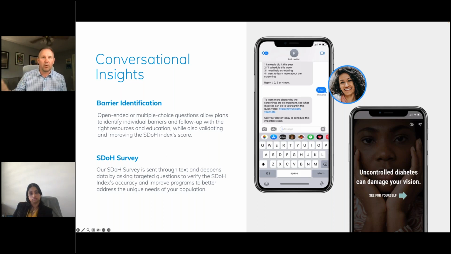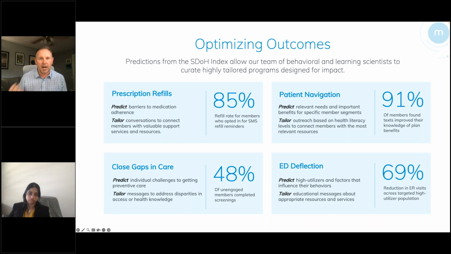So using that information and knowing how we use SDOH, we have more results on the next slide, which really speaks to how we're able to optimize this. Everything from prescription refills to ER deflection. When we are able to predict using the SDOH and then tailor that content, you're going to get better results.